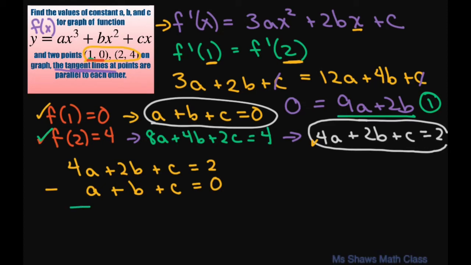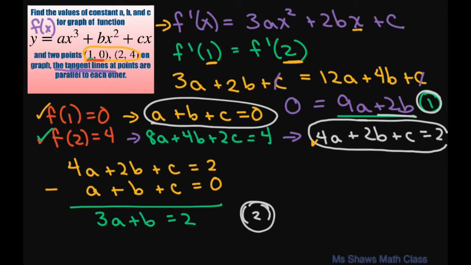Now when I subtract these, I'm going to get 3a plus b equals 2. All right, I'm going to call this one equation 2. So I have equation 1 and equation 2, and now I can solve for a and b.